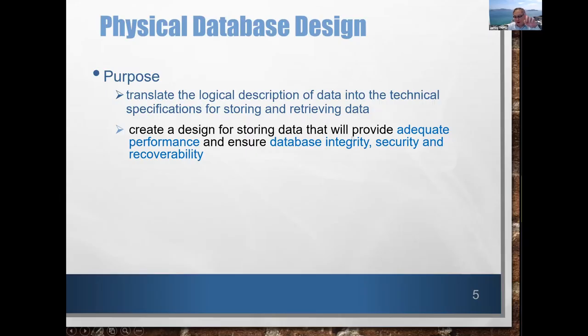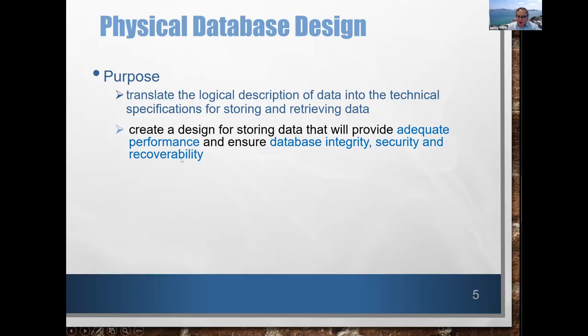Whenever you have duplicated data, you may have inconsistency of data. So here we want to ensure the database is consistent, and therefore the integrity of the data inside is up to date and consistent, with no insertion, deletion, or modification errors. Data must be secure and data must be recoverable.